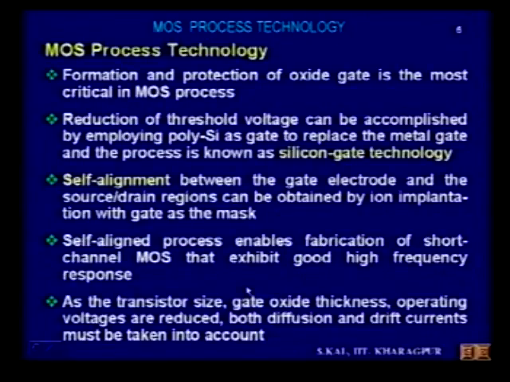We know the MOS device operates in the drift current mode, being a majority carrier device, but if you scale down the device, the size of the transistor and the operating voltage are reduced, and the gate oxide thickness is nowadays 40 to 50 angstrom units. So not only drift current but also diffusion current will play a major role in deciding the drain current. So we have to consider both diffusion and drift currents in very short channel devices. These are the salient features of MOS process technology.